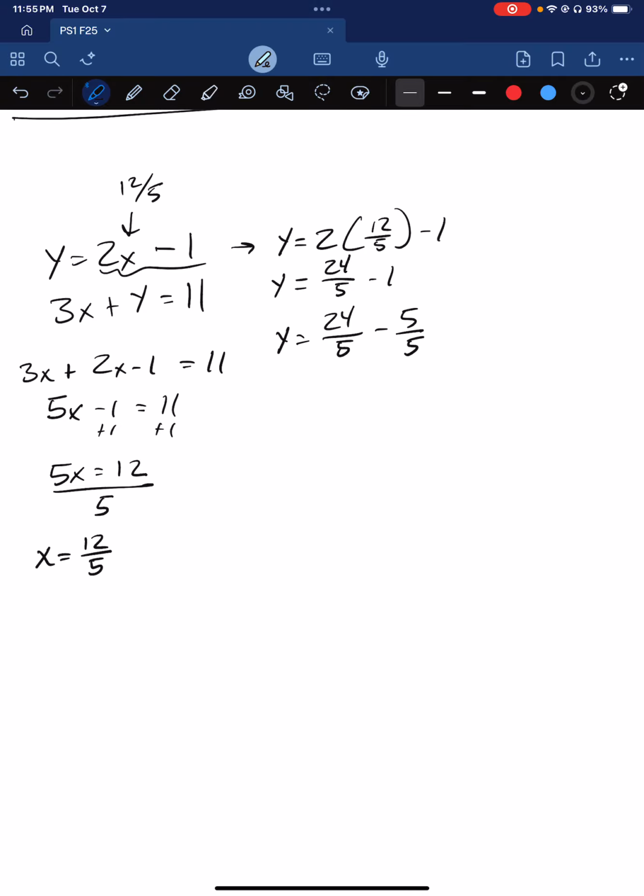And now we can subtract straight across. So we get y equals 24 minus 5 is 19, and then we keep the denominator, 19 over 5. So our coordinate point would be (12/5, 19/5).